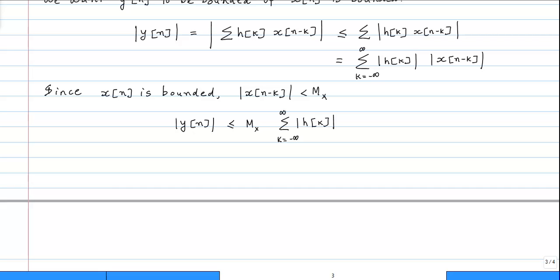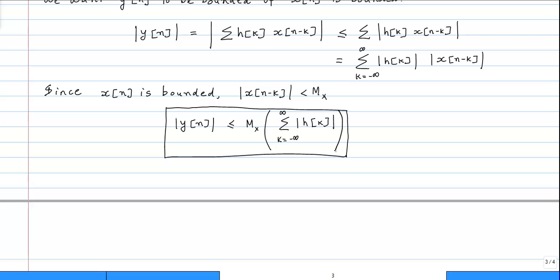Okay, this is nice because it gives us the condition that we want. Well, if I want y of n to be bounded, what this expression says is that the magnitude of y of n is smaller than m sub x times something. So if y of n needs to be bounded, then what has to be bounded is this quantity here.